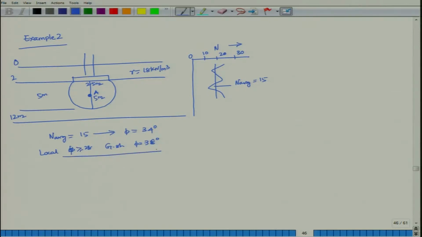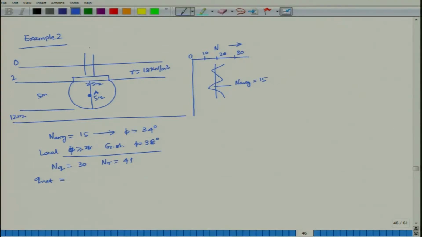By doing these interpolations, you will find phi is equal to 34 degree, NQ is equal to 30, N gamma is equal to 41. Then your Q net is equal to, how much is your load intensity?